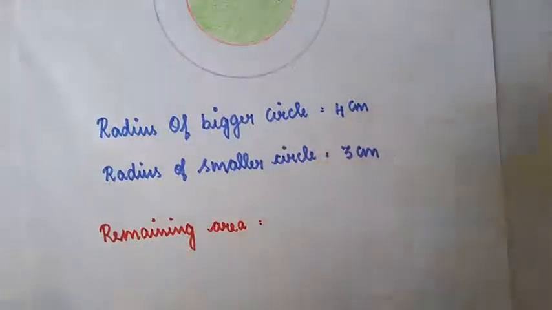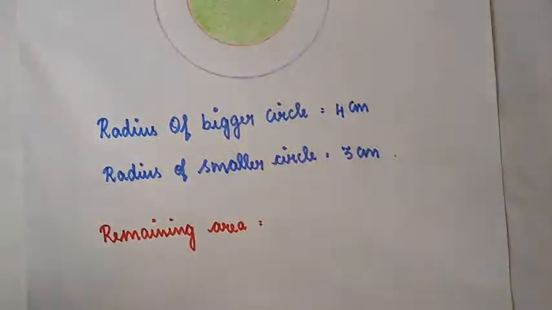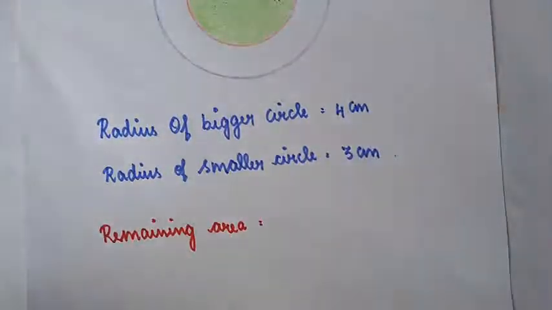The area of the remaining sheet would be the area of the bigger circle minus the area of the smaller circle.